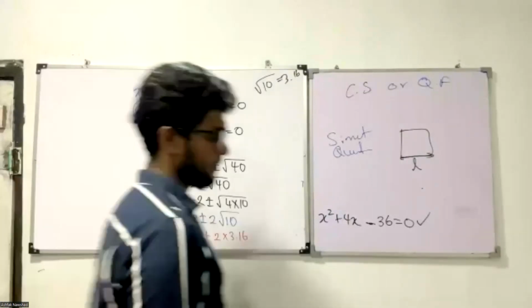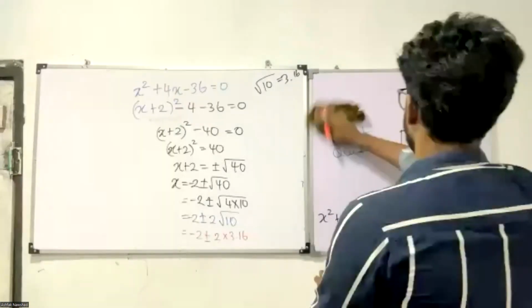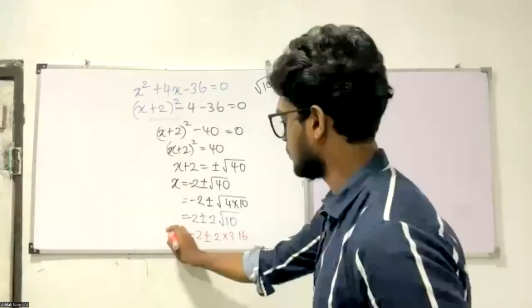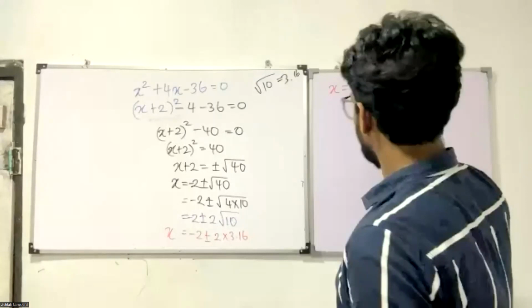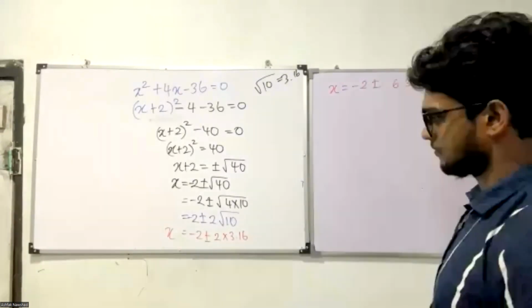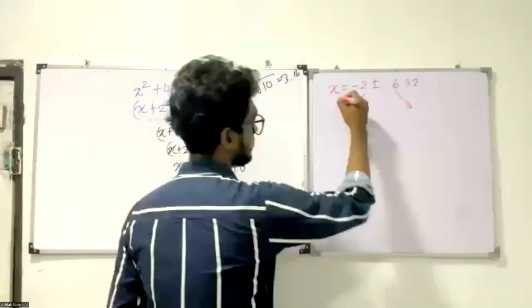So I'll further simplify. See, x is equal to minus 2 plus or minus 2 times 3.16, which is 6.32. Now, x has two values, the positive one and negative one.